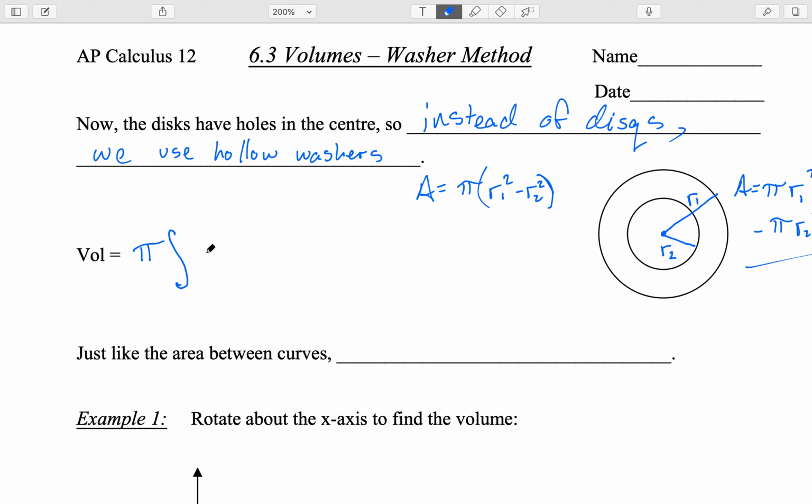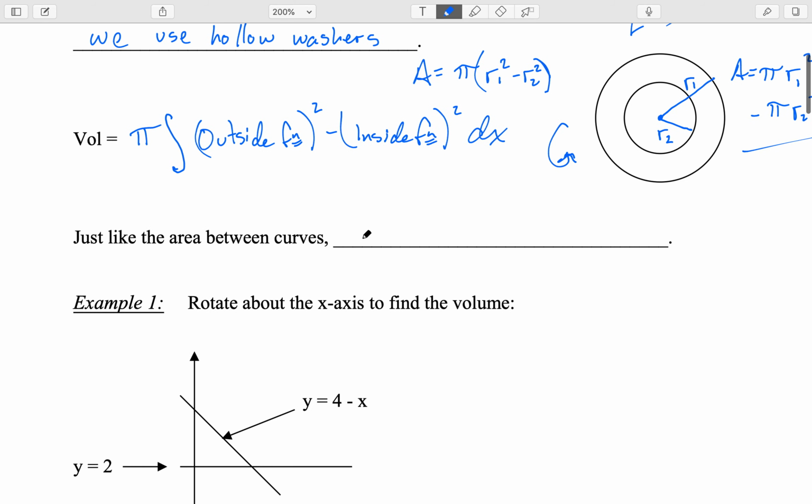So we're going to call this the outside function, minus the inside function, squared. And if I'm spinning around in this direction, then it's dx. Just like the areas in between curves, it's a difference. However, now it is squared.